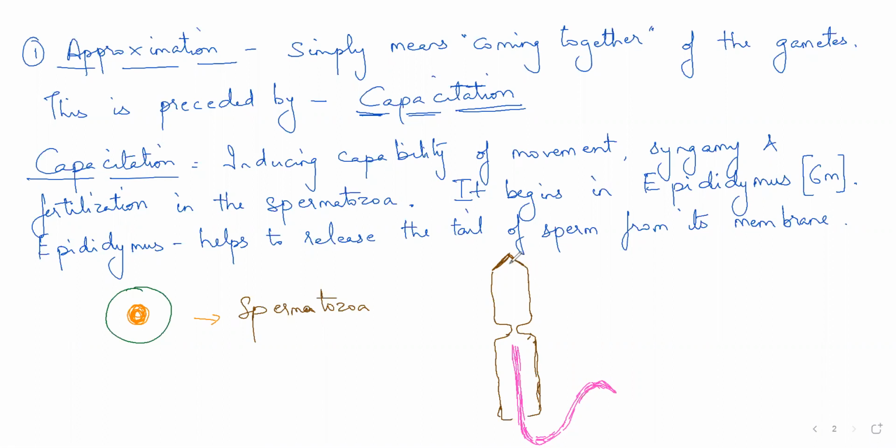In this head, there is a sac-like structure present in the front. This structure is known as acrosome. Behind the acrosome is a long nucleus.